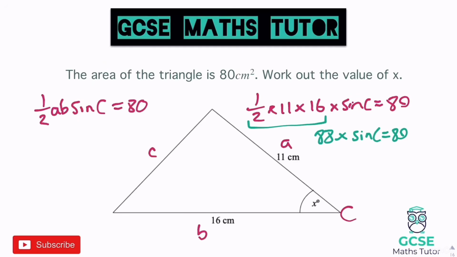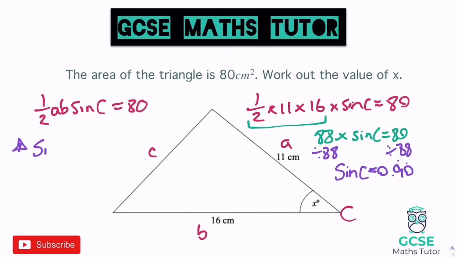So we can rearrange this. Look, we can get both sides and divide them by 88, and that will just give us sine C on its own. So sine C equals 80 divided by 88, let's leave it as a fraction. Well, actually it is a decimal there, but it comes out as 0.90, and that is actually 90 recurring. There we go, I'm just going to leave it on my calculator screen. And then obviously to finish that off, you do the inverse sine again, just like we have on these other questions. So I'm going to do that over here to the left.